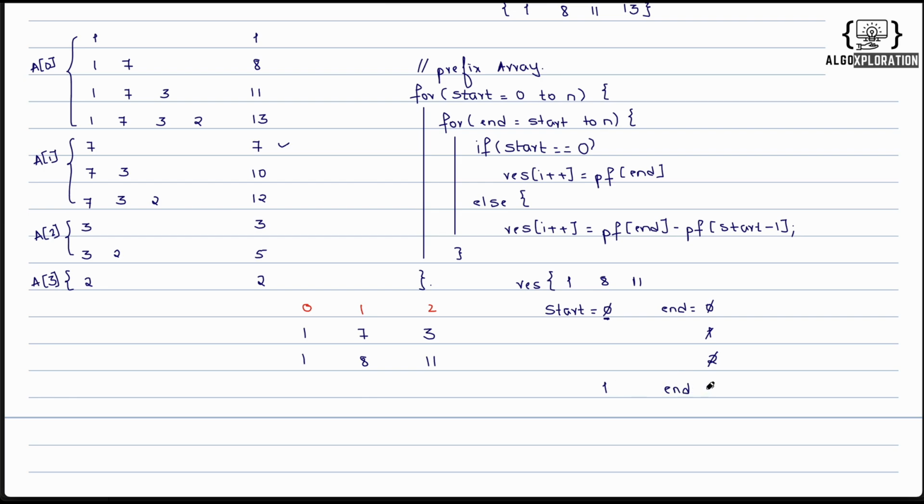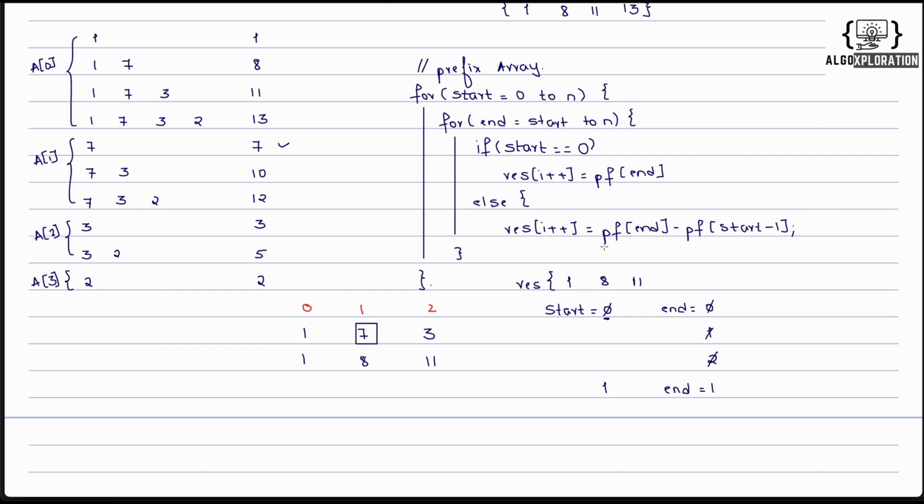My end will start from start, that will be 1. Now from 1 to 1, the sum is 7, right? So let's try to find out. Here we can see that the start is not equal to 0, so the else condition will execute.